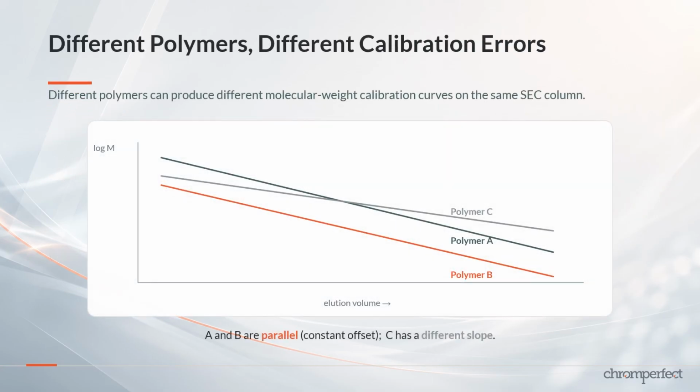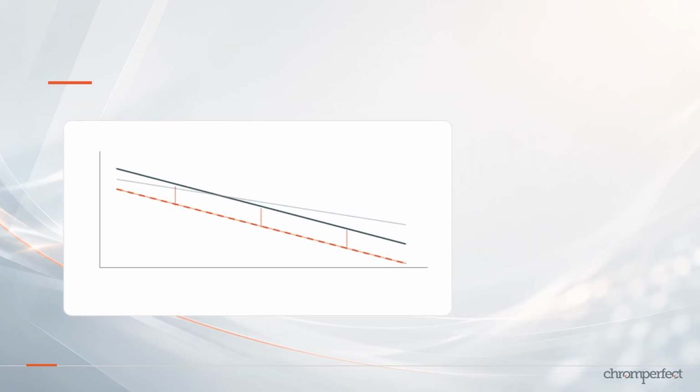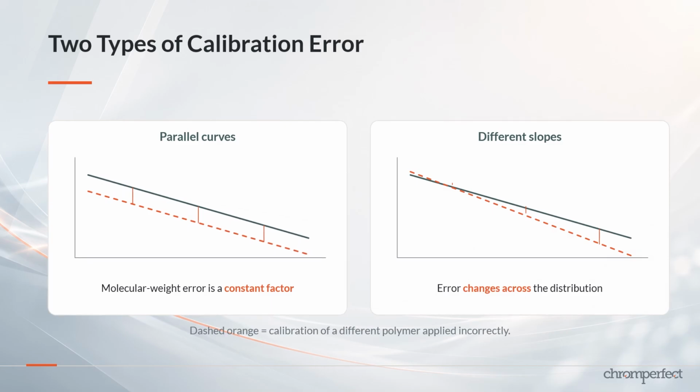Universal calibration curves. Universal calibration begins with an important limitation of ordinary molecular weight calibration. Different polymers can produce different molecular weight calibration curves on the same column, even when the solvent, temperature, flow rate, and all other chromatographic conditions remain unchanged. Two polymers may produce parallel calibration curves separated by a constant vertical distance.